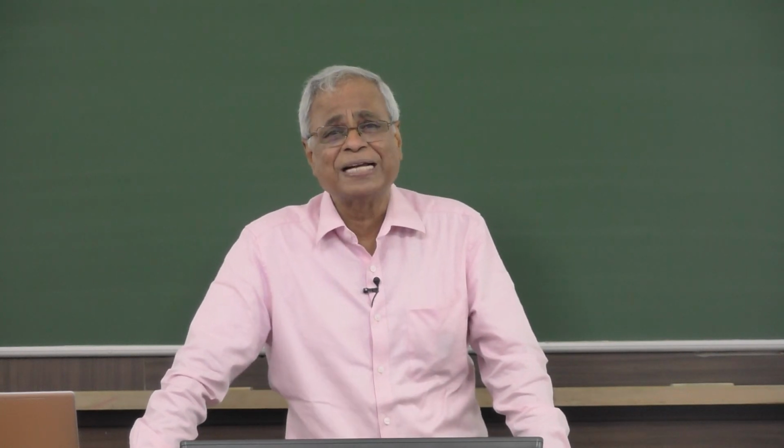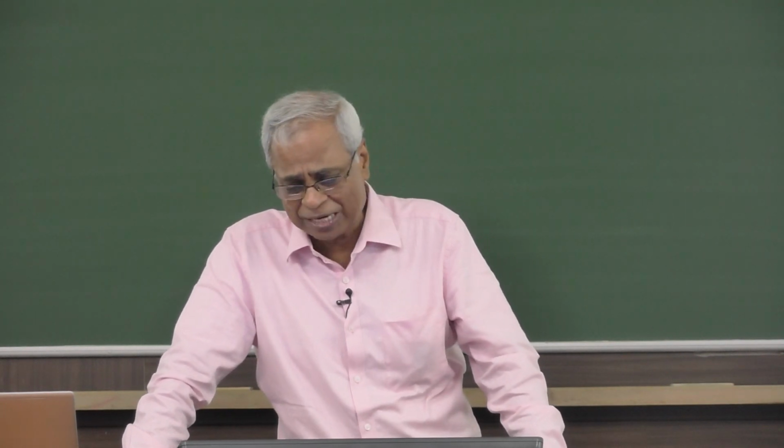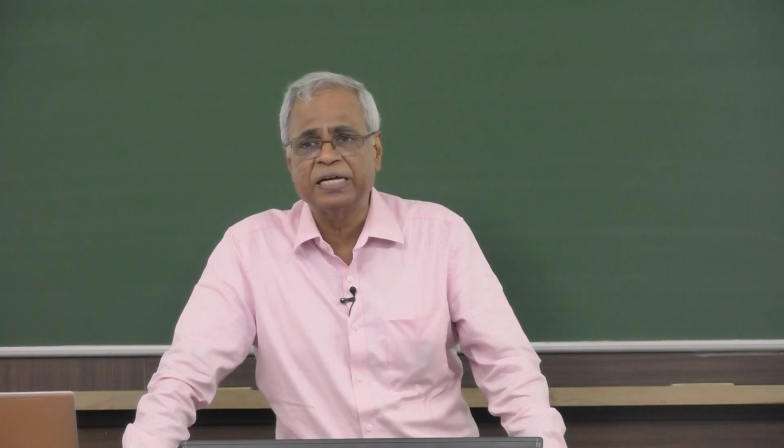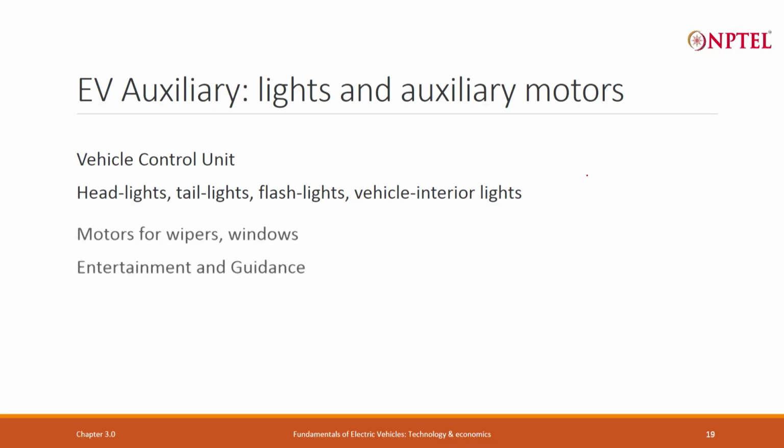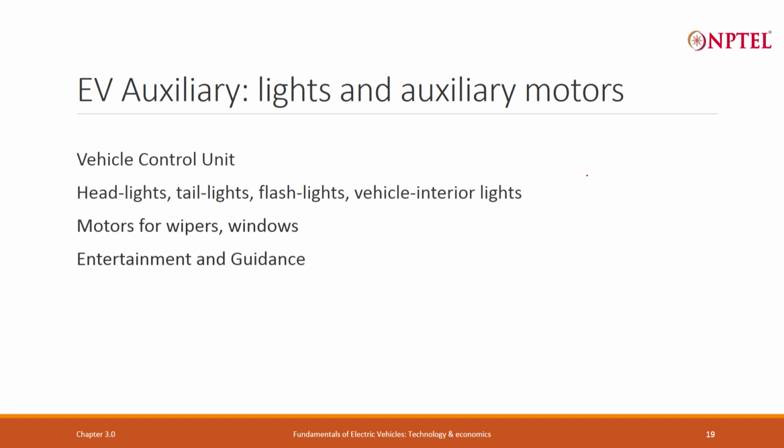Then of course, there are all kinds of lights: headlights, tail lights, flashlight, vehicle interior lights. All of these are auxiliary and will consume energy. Motors for wipers, windows, there are a whole lot of motors in the vehicle nowadays, even to lock or unlock it.